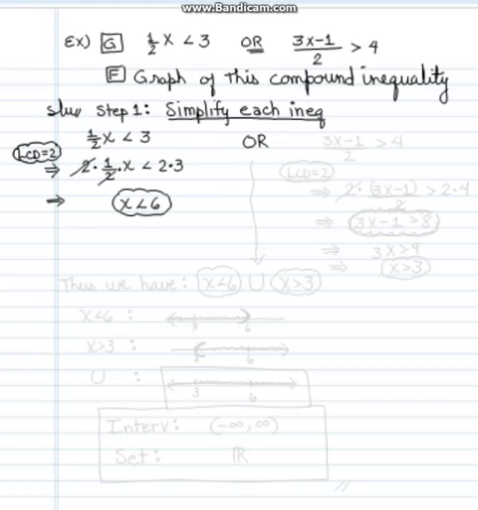The next inequality is 3x minus 1 over 2 is greater than 4. The LCD for this one is also 2, so we multiply both sides of this inequality by 2.